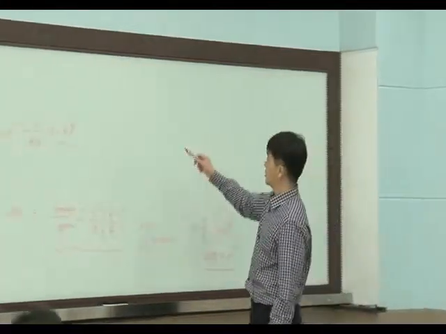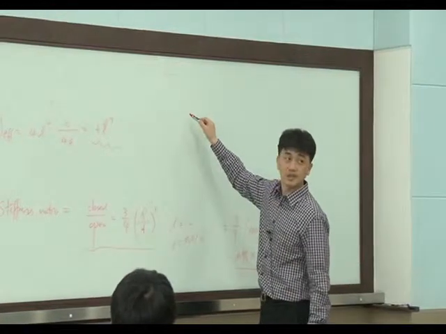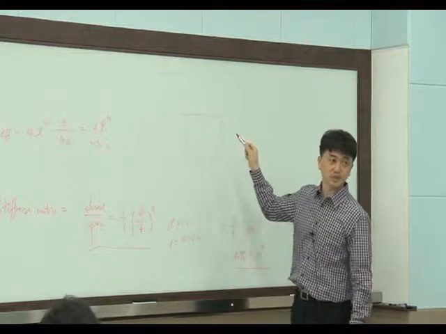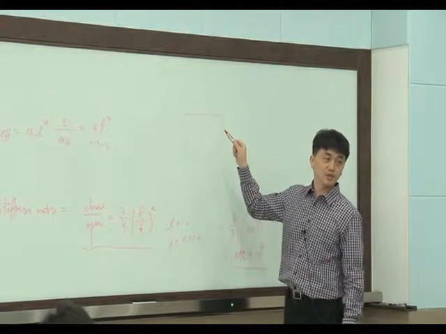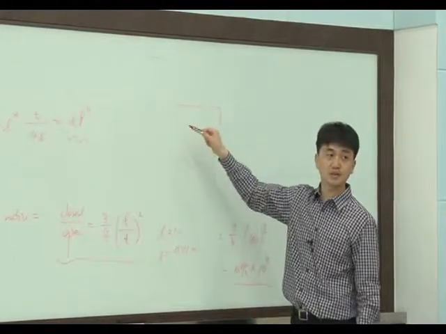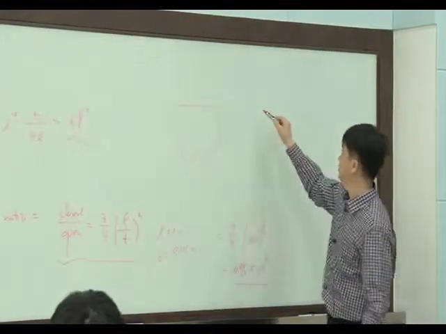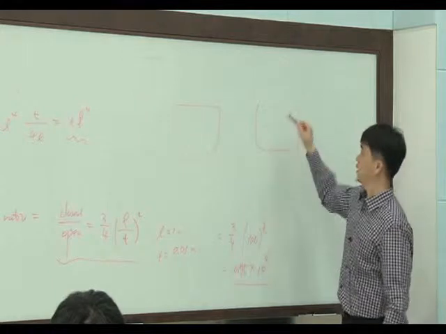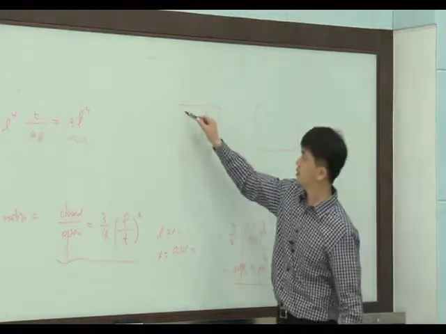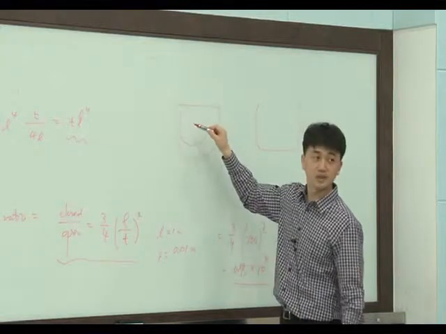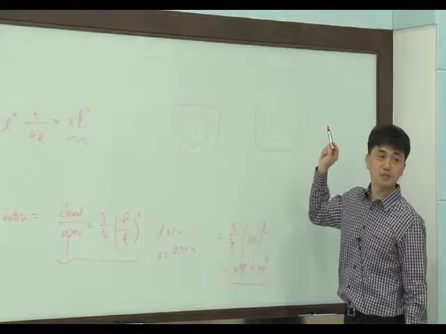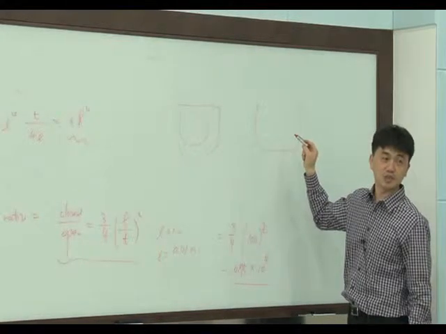For example, let's say here we have a tanker ship. This is a cross section of a ship. Some ships have an open cross section and some have a closed one. For some tanker ships we have a liquid tank, but some have this kind of cross section.